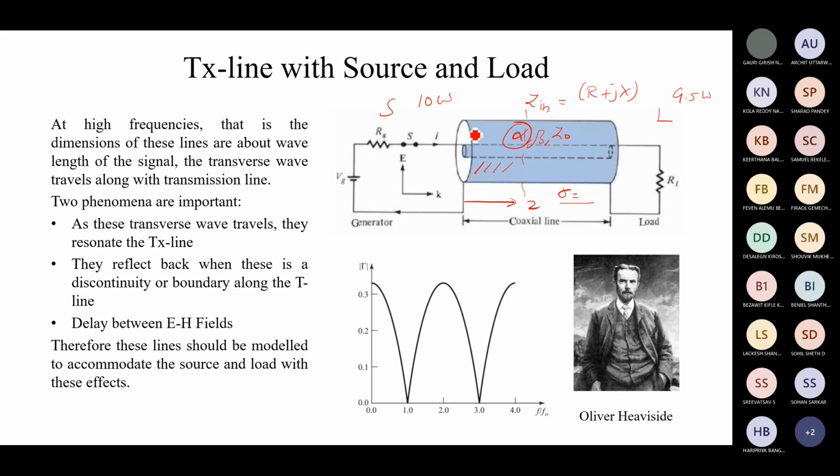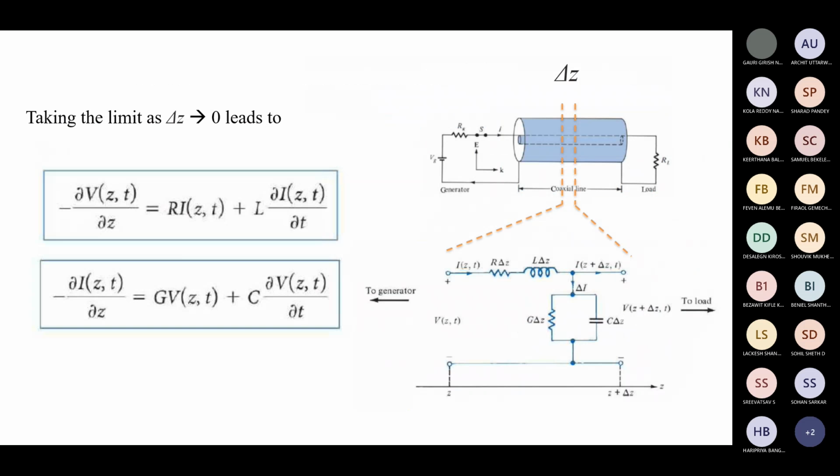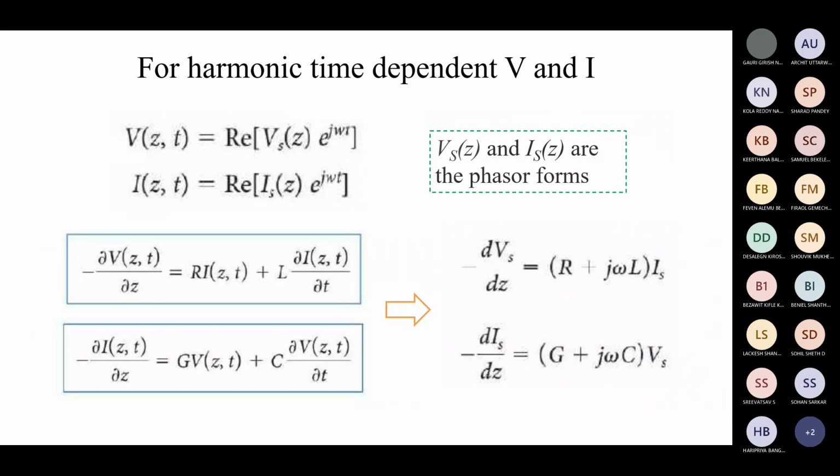So this is the overall twofold requirement for a transmission line theory. That is where the modeling into RLC equivalence comes into the picture, and we applied the simple RLC equivalence of the voltage and current in terms of z and t, that is time, and naturally we will get the exponential terms with the angular frequency, which is nothing but 2 pi f.